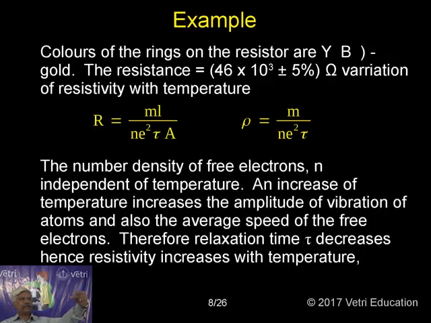Substitute the value. If you are given a color code, by the use of the color code we can identify the value of the carbon resistor. Another topic is the resistivity with temperature, variation of resistance with temperature and variation of resistance with the material. Everything we will see in the next class. Thank you.